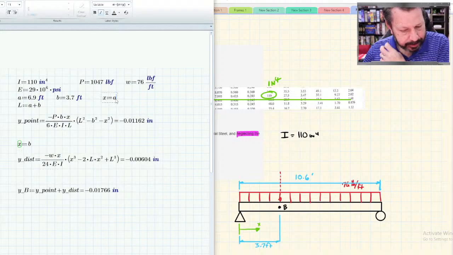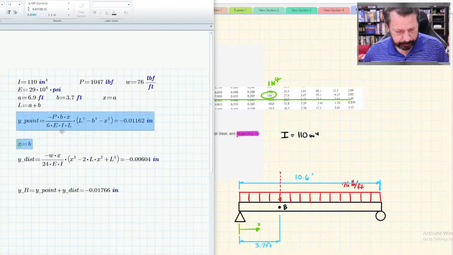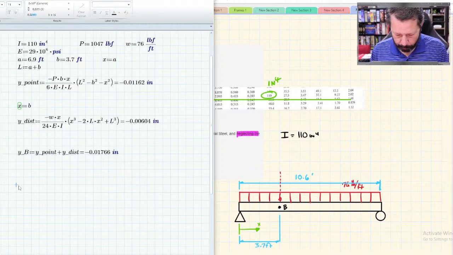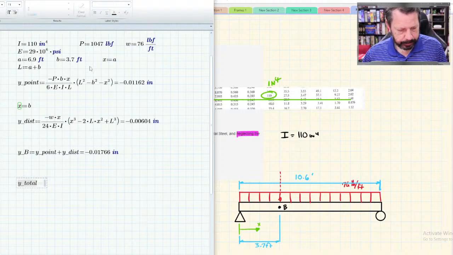So I'm going to go back and hard code these in. So x for this one is supposed to be 6.9 feet. So I'm going to copy, well, just that equation. Oh, I didn't copy it.